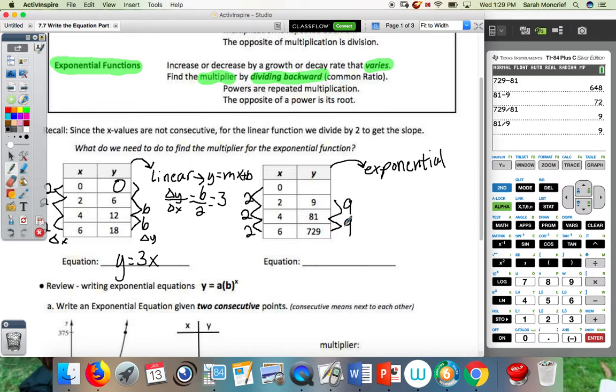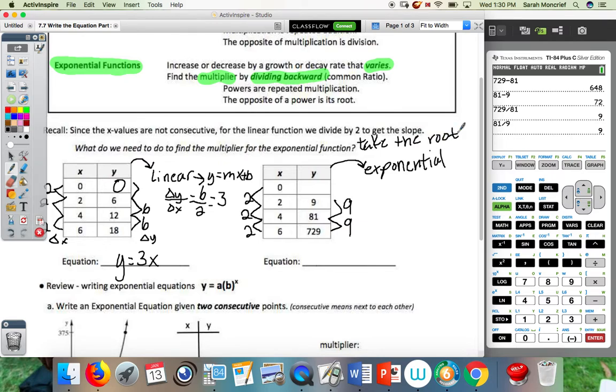This time, since the difference in x's is not 1, since these numbers are not consecutive, we have to do something else. What we need to do to find the multiplier for an exponential function when the x values are not consecutive is take the root.